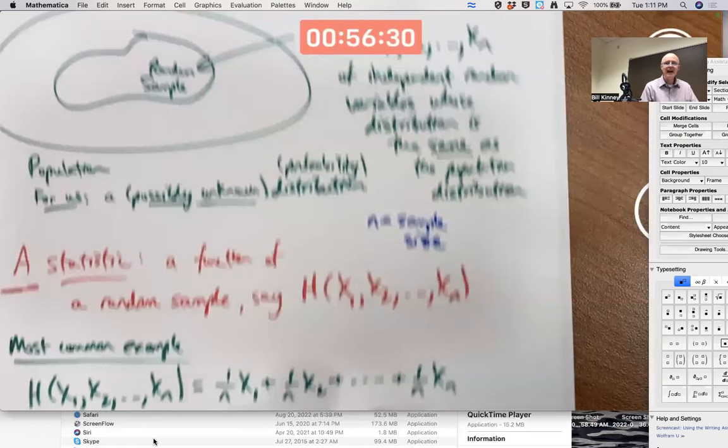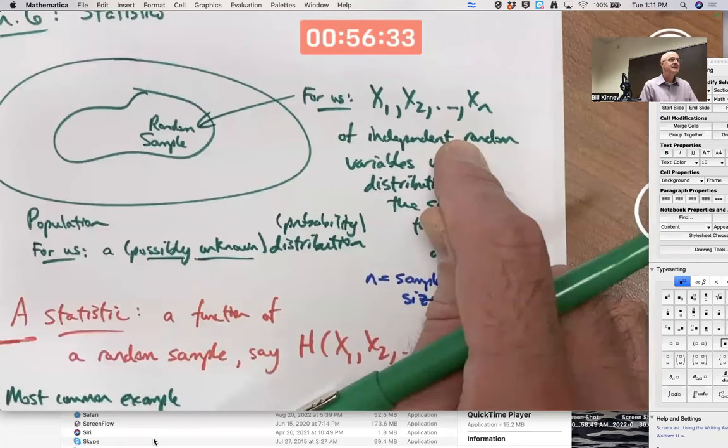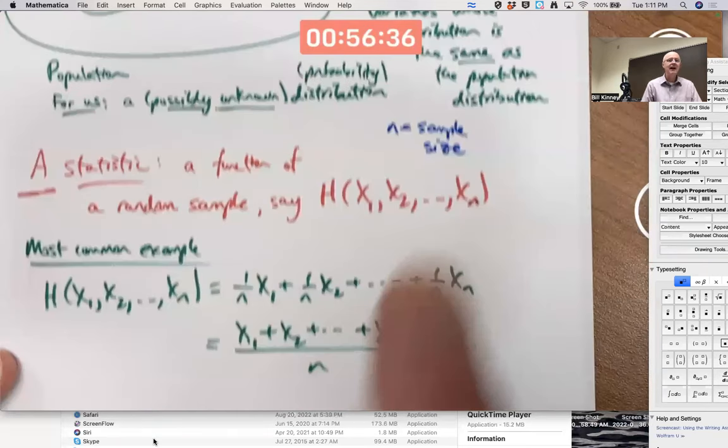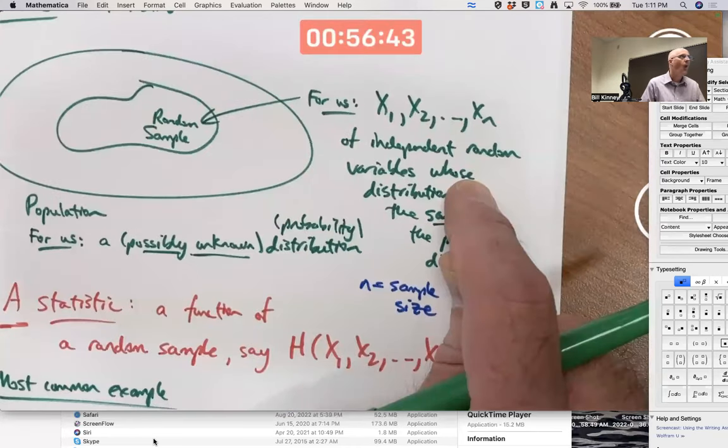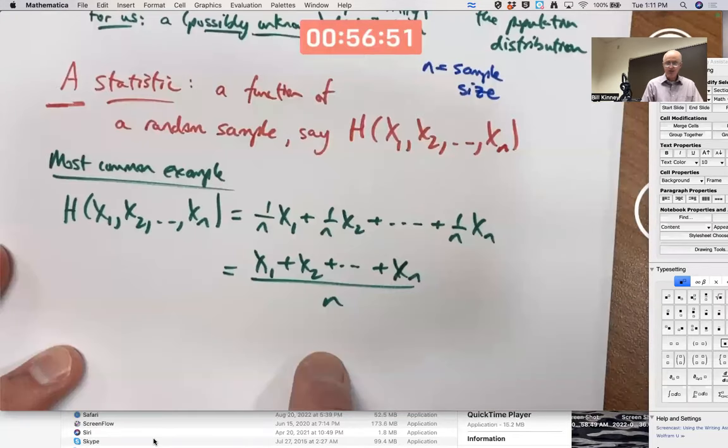If these things have, say in the continuous case, PDFs, then this thing is going to have a PDF. Will it be the same PDF as these? No. Can we figure out what PDF it is? Yes. And if we can figure out what the PDF of this is, that might be useful for actual means of data.